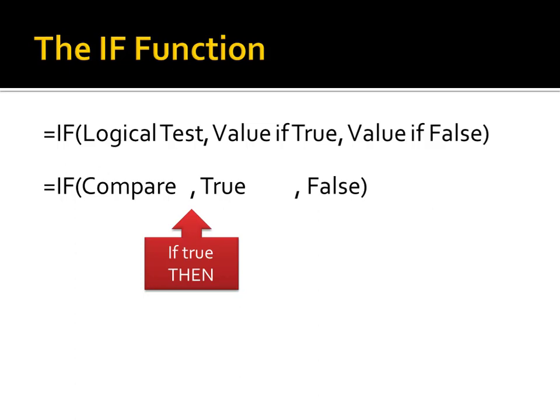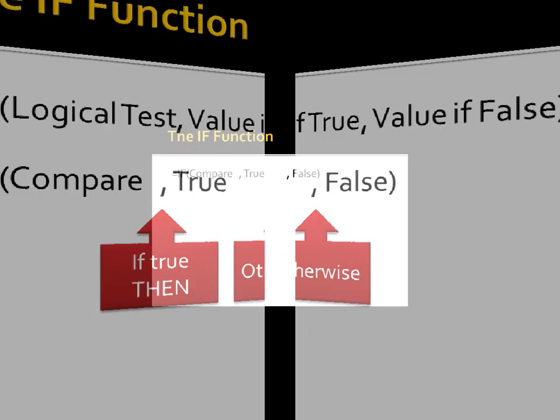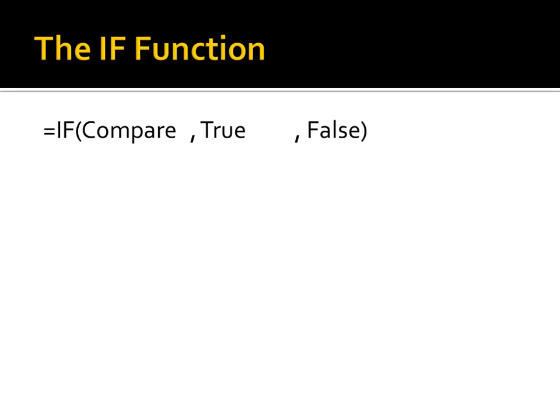And what was the second comma? Do you remember? It was called otherwise. Otherwise, do the false part. If compare is true, then do the true section. Otherwise, do the false section. All right. If compare, comma, true, comma, false.